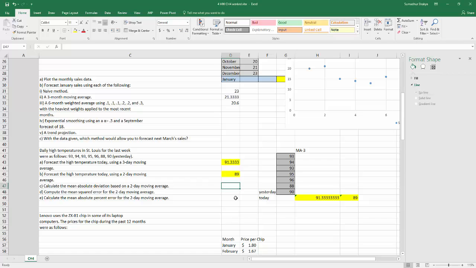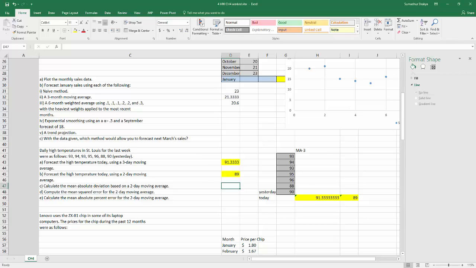Now, in order to calculate mean absolute deviation, we need to first calculate the error between the actual values and the forecasted values. The difference between the two is the error, also called deviation, and the absolute value of the deviation is the absolute deviation. Then you take the mean of those absolute deviations, and that becomes your mean absolute deviation.